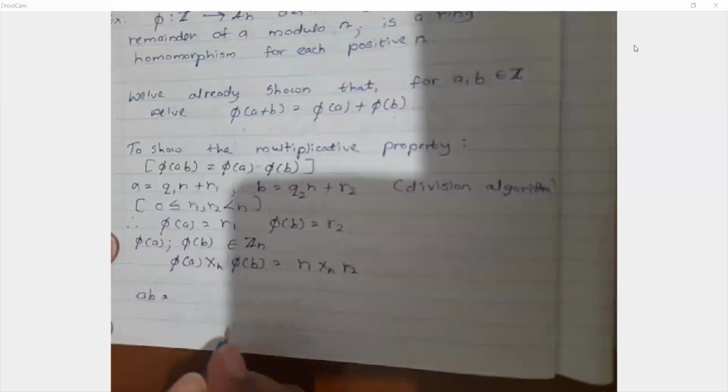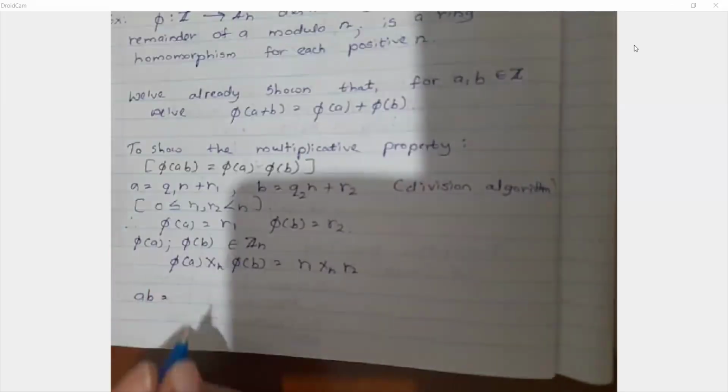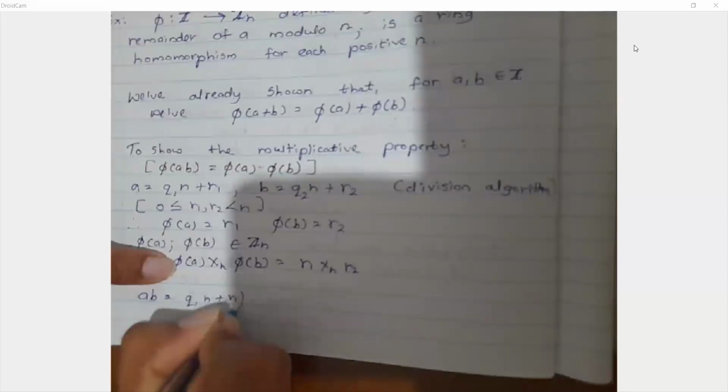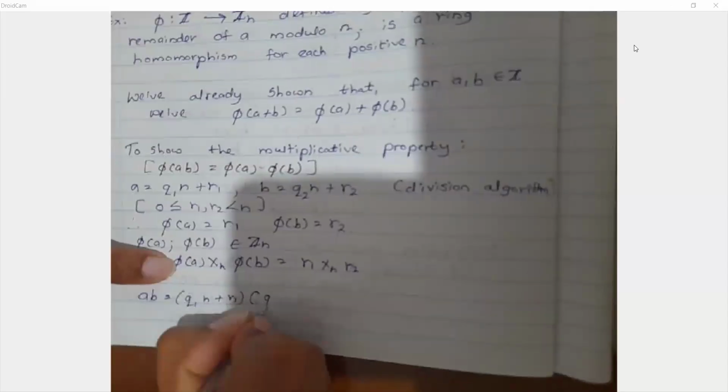A and b, you can write it as, let me put it over here, (q1n plus r1) times (q2n plus r2).